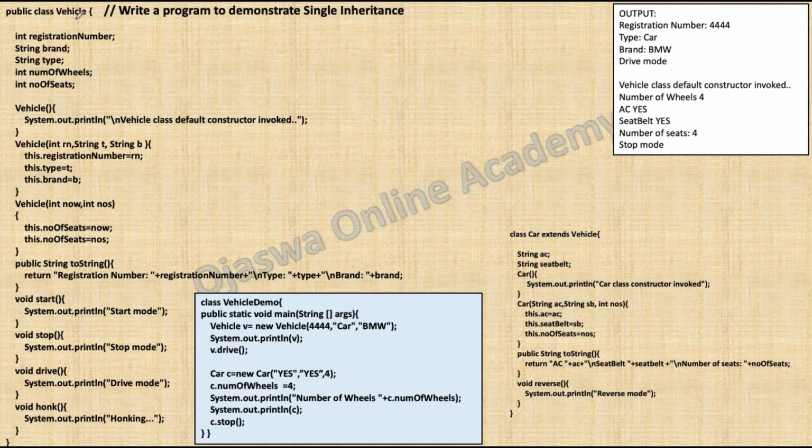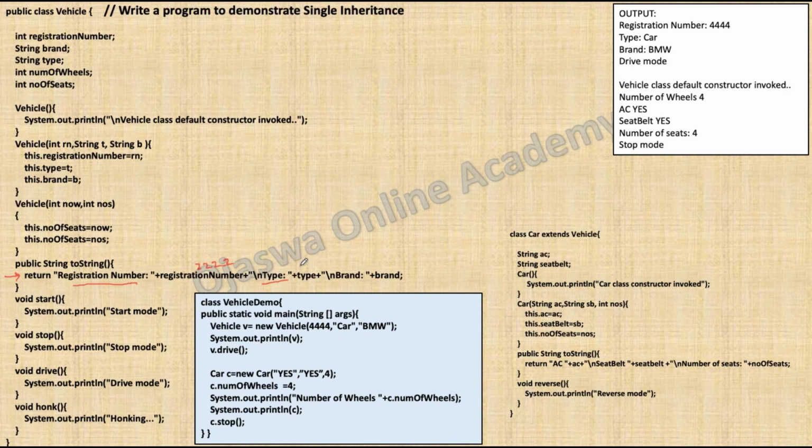So this is the code for vehicle class and control of the program will come over here, to the toString method of vehicle class. Over here we are returning the string "Registration number:". The registrationNumber will retrieve the value 2222 which we assigned to the instance variable registrationNumber in the code inside the constructor. "Type:" will be written as it is. \n adds a new line to the console.